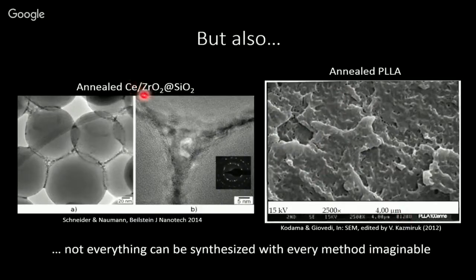You have ceria, zirconium oxide, and silicon oxide. You can create these beautiful particles with annealing, and this is the edge of the particles. But if you do that with polymer, in this case polylactic acid, you're going to get some mushy pattern that's not really a pretty material at all.